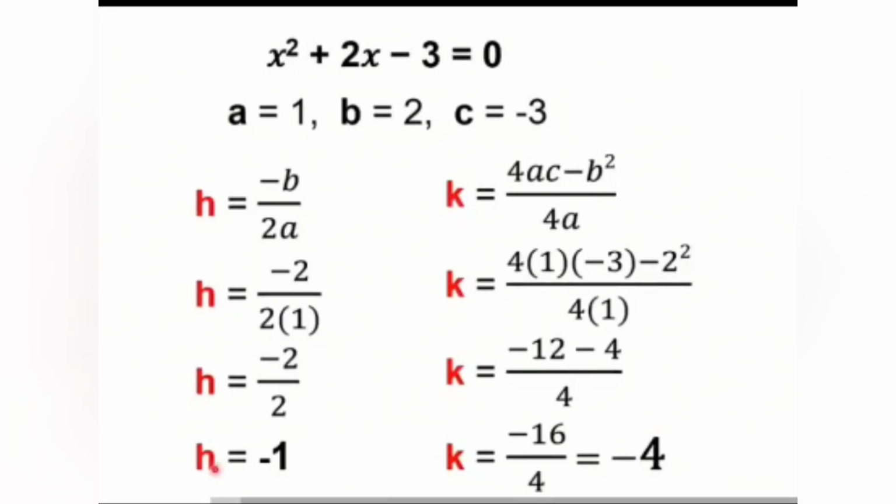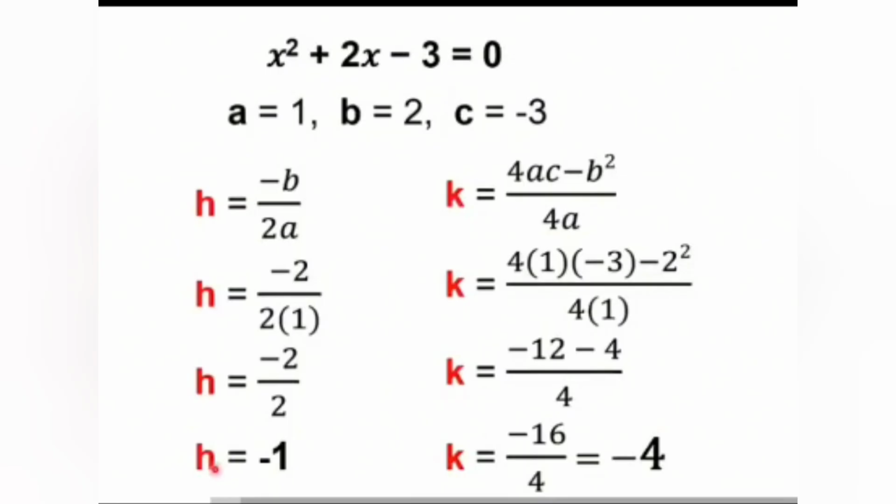Then 2 squared is 4, to be subtracted. And over is 4 times 1, which is still 4. Next, K equals negative 12 minus 4 over 4.